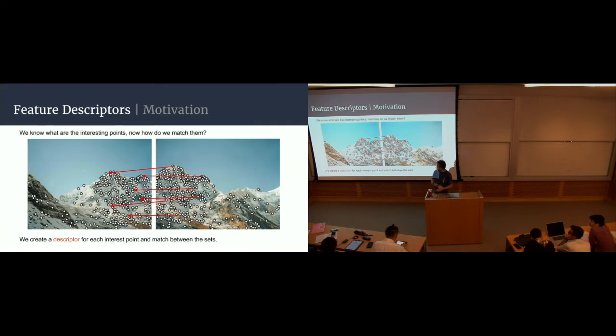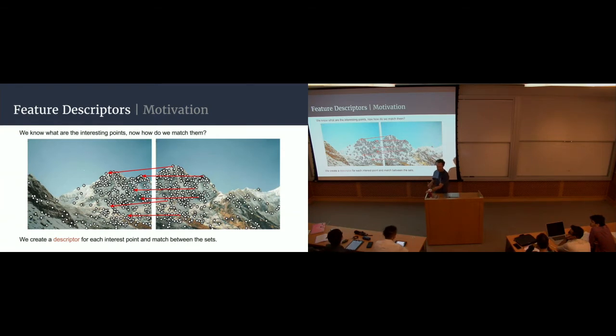Now we want to know how to match them with another image. We've also found key points there, and we know there is some kind of matching between the key points in those two images, but we need to find a way to match them. That's why we create a descriptor.